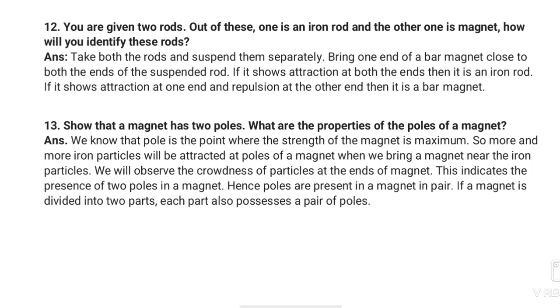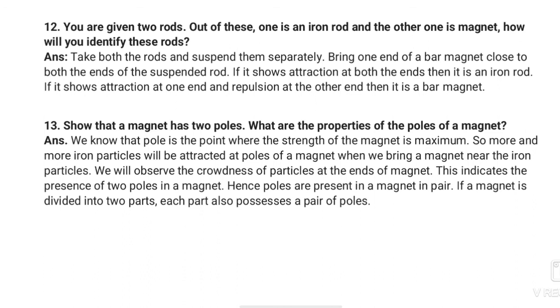We will observe a crowding of particles at the ends of the magnet, and this indicates the presence of two poles in a magnet, because on both sides all magnetic material is attracted.